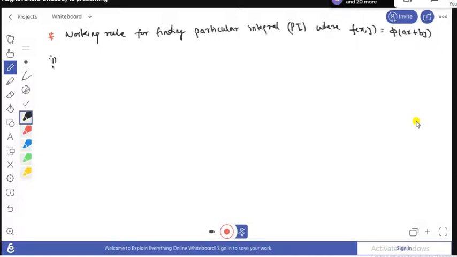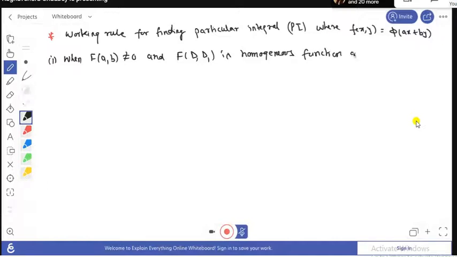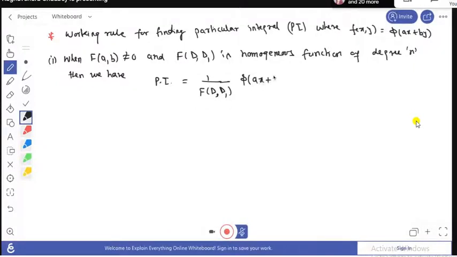So in this case, what we have to do is, when f of (a, b) is not equal to 0, and f(D, D1) is a homogeneous function of degree n, then the particular integral equals 1 upon f(D, D1) of phi of ax plus by, because this f(x, y) equals this.